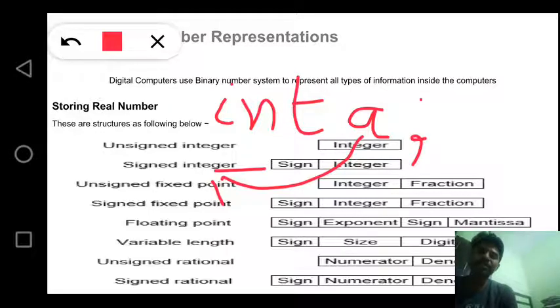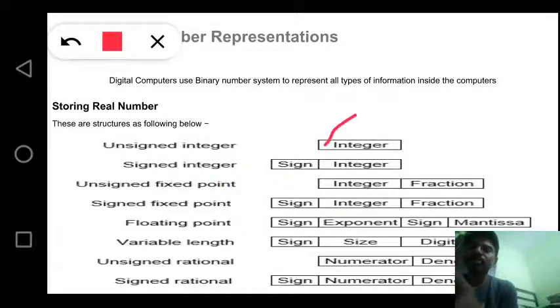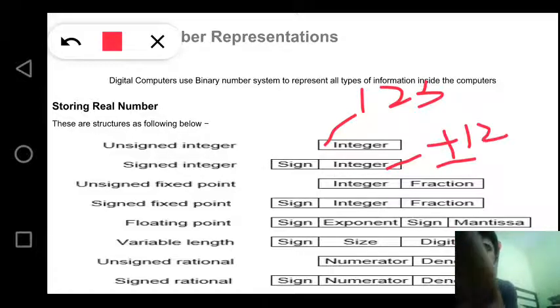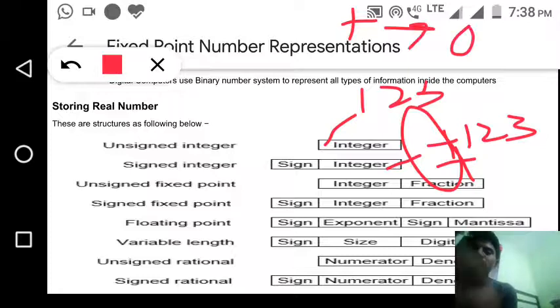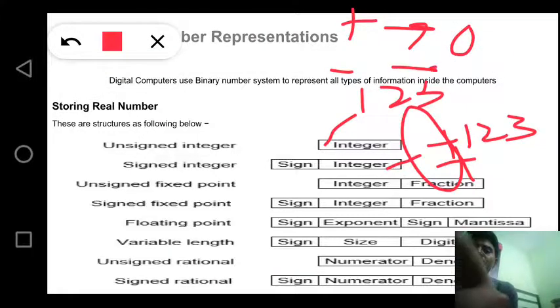If you specifically want an unsigned integer, then you can add the word unsigned here. So the example of this is 123. This is plus or minus 123. So you should know how to represent plus or minus. Plus is represented with 0, minus is represented with 1.